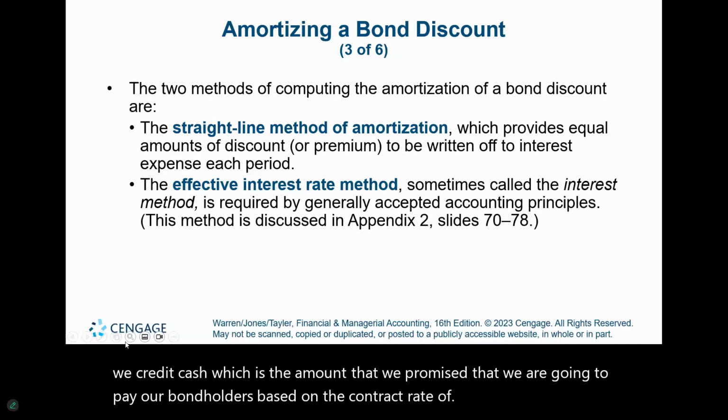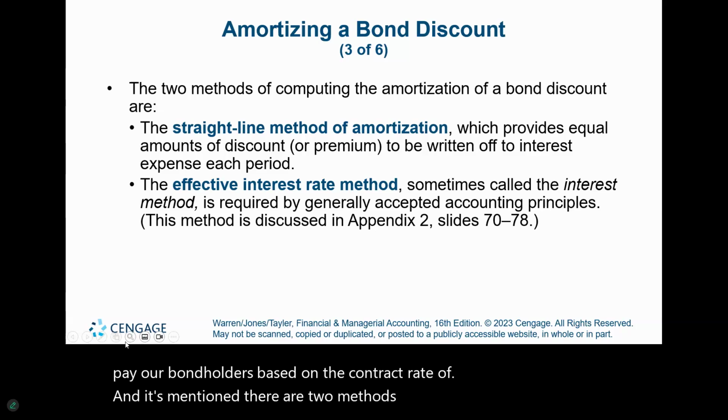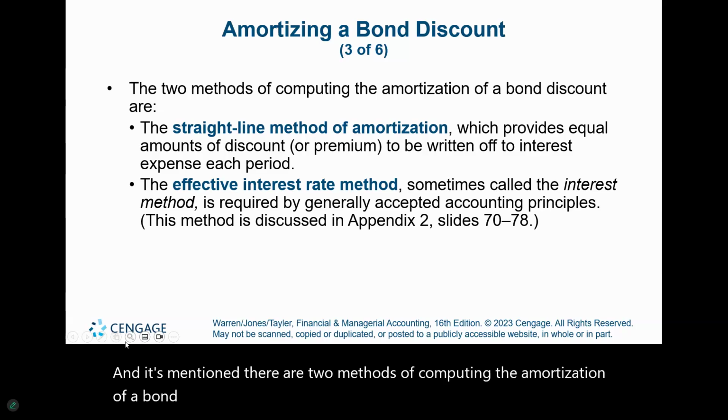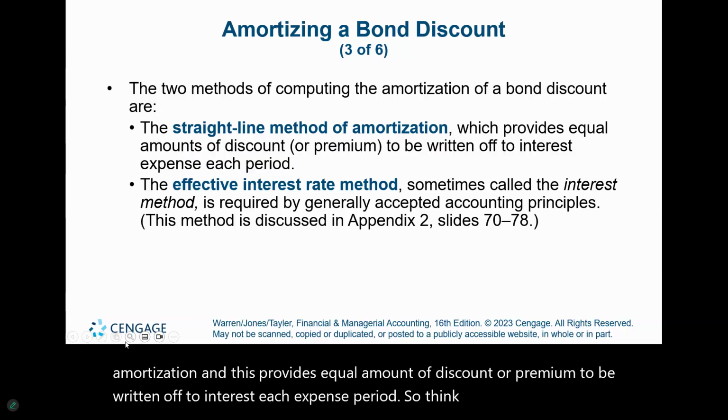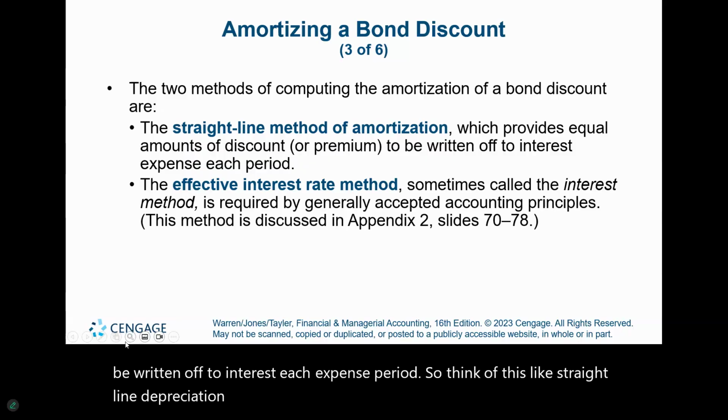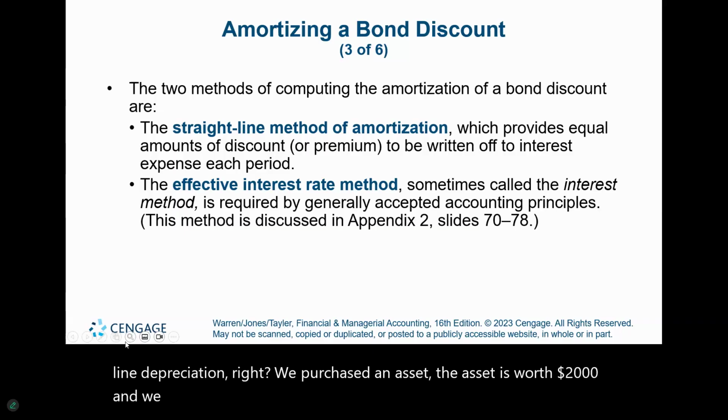And as mentioned, there are two methods of computing the amortization of a bond discount. We have what's called the straight line method of amortization, and this provides equal amounts of discount or premium to be written off to interest expense each period. So think of this like straight line depreciation, right? We purchased an asset, the asset is worth $2,000, and we depreciate it over 4 years.